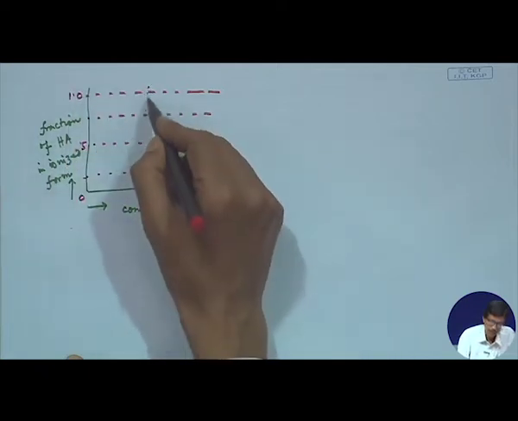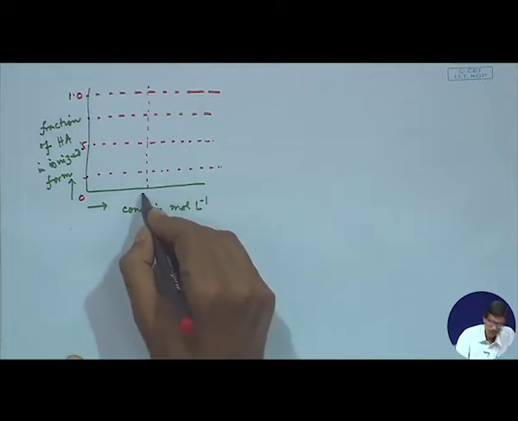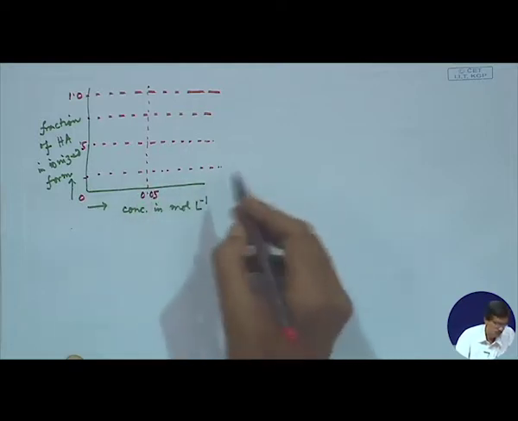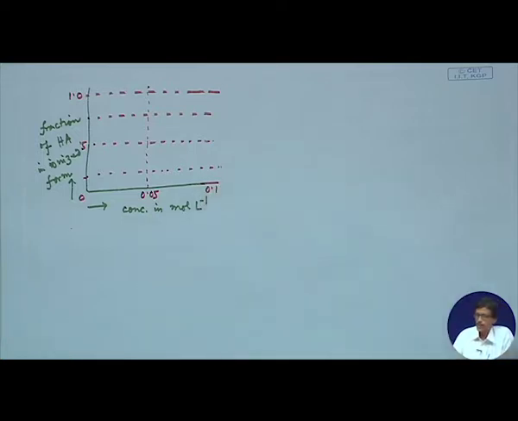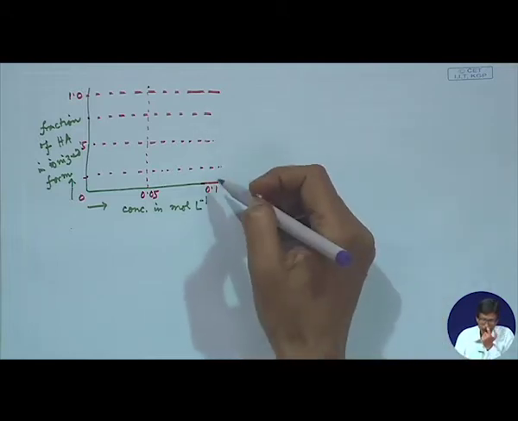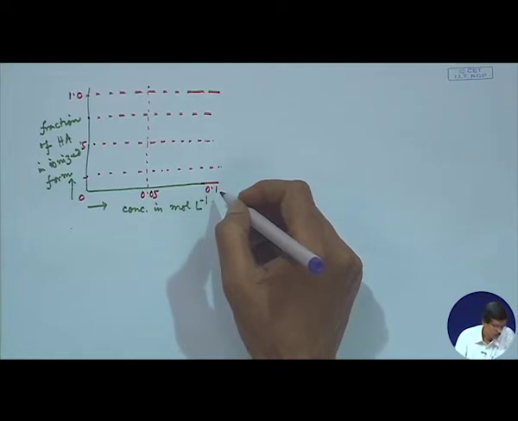This vertical line is at the midpoint, giving 0.05 molar concentration and 0.1 molar, because in most cases we are handling a decimolar solution. That means the final concentration we are talking about is a 0.1 molar solution.